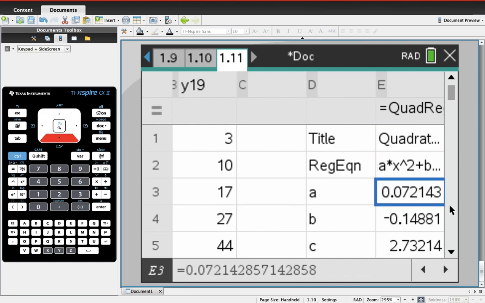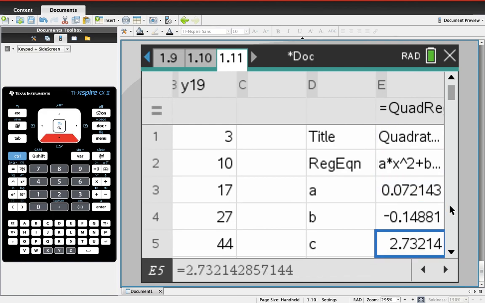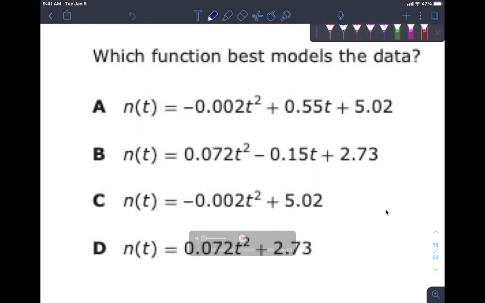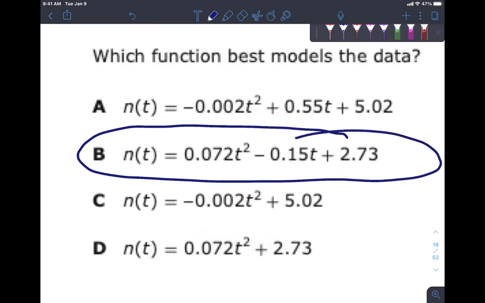And it's going to spit out an A, B, and C. I'm going to take a look at all of my answer choices. And it looks like this guy is the one that most closely matches. Now, these are usually never going to be exact answers, so you might have to round or things like that, okay?